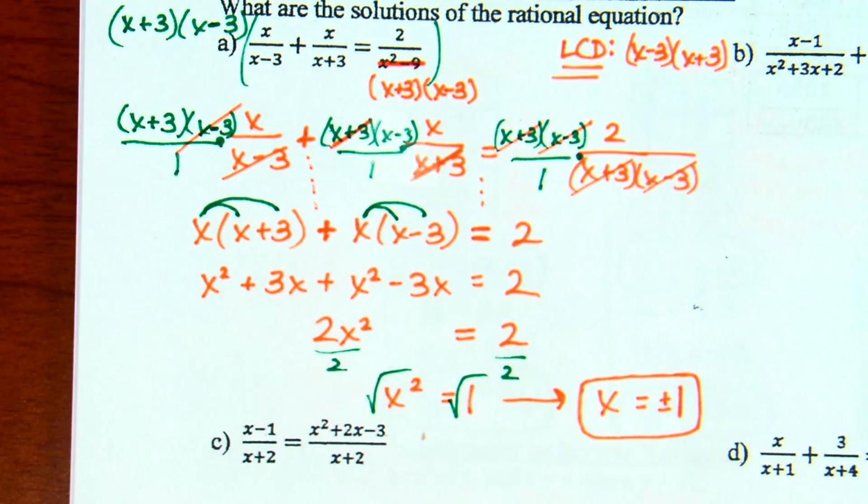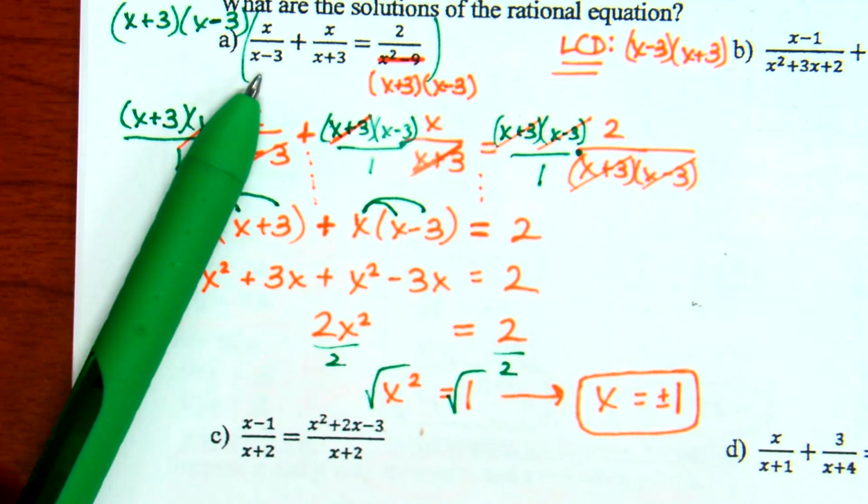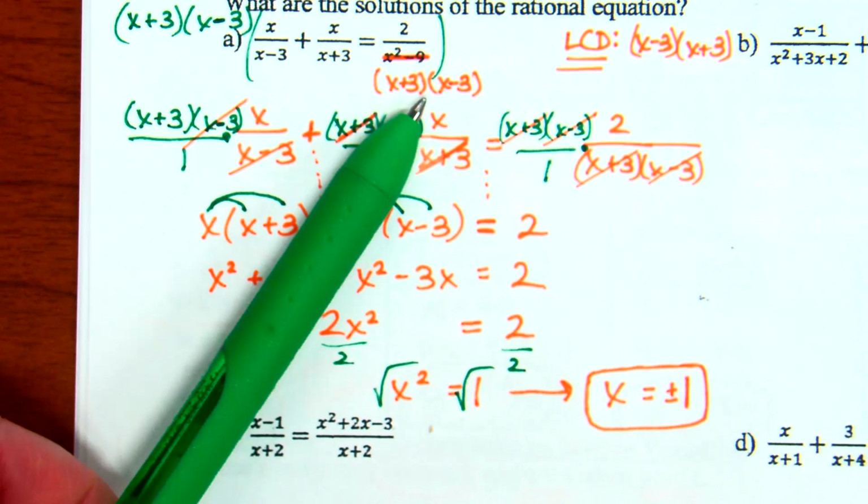In this first fraction, x cannot equal 3, because if you set x minus 3 equal to 0, x cannot equal 3. What about this fraction? What can x not equal? Negative 3. This fraction? Positive or negative 3. Was positive or negative 1 ever an option or an issue?